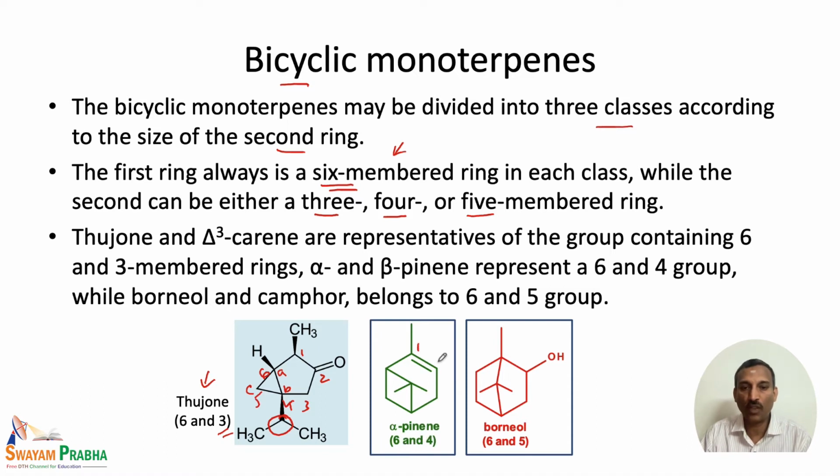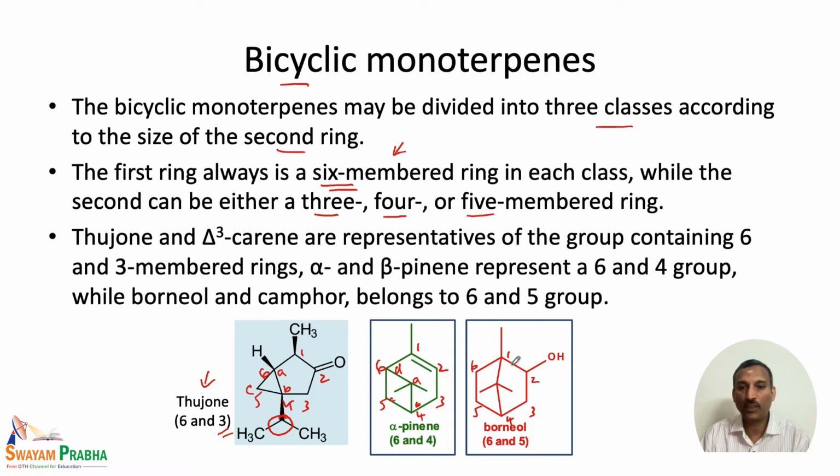Here we have 1, 2, 3, 4, 5 and 6. We have a 6-membered ring, and we also have B, C and D. We have a 4-membered ring. So, this bicyclic system contains 6 and 4 rings, and here we have borneol, which is a 6 and 5 combination. Again we have 1, 2, 3, 4 and 5, 6.